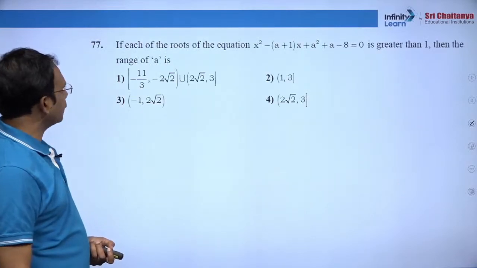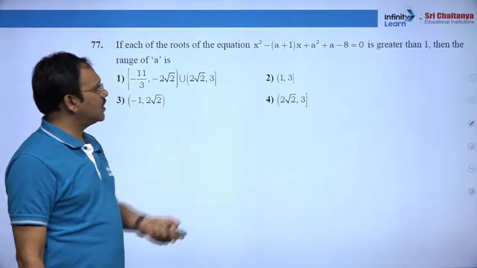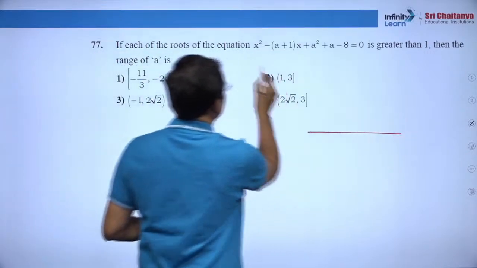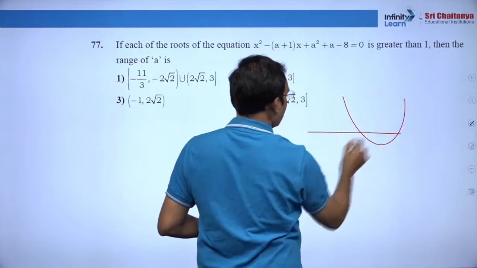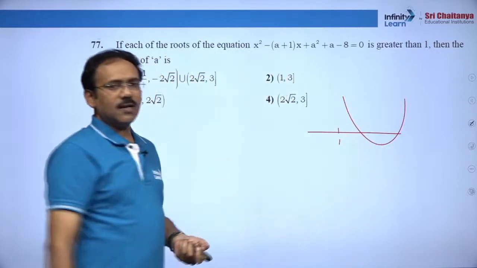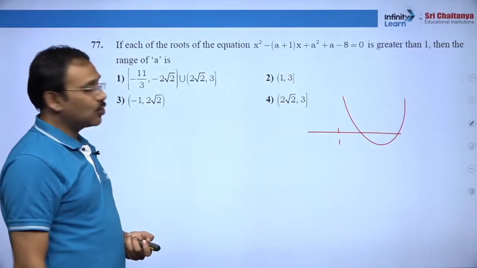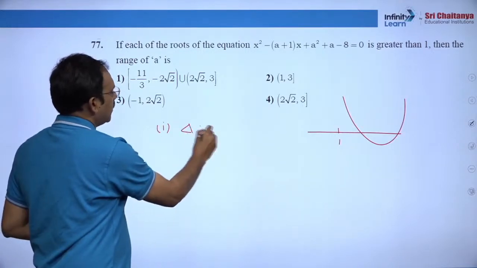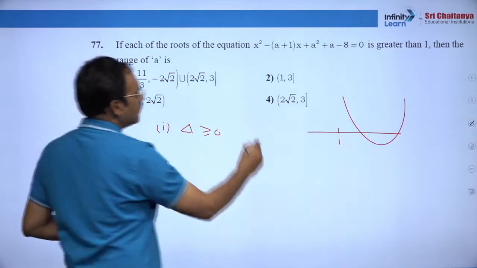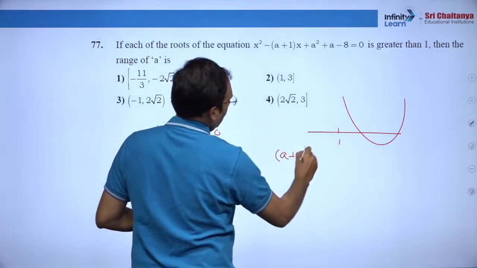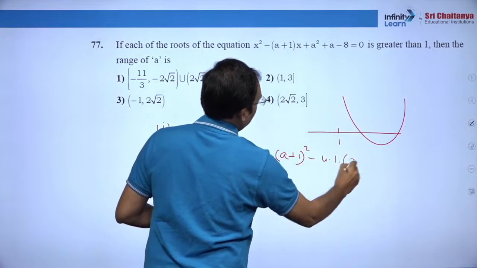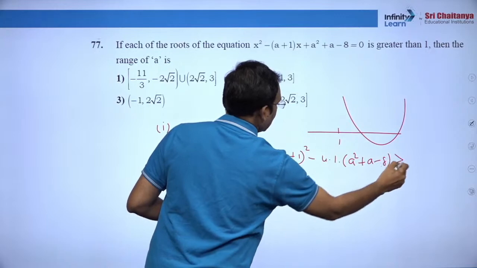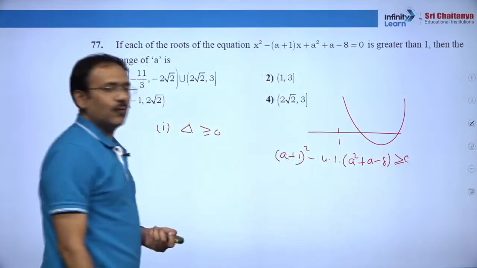Next, dear friends, each of the roots of this equation is greater than 1, a location of roots problem. For this, since the x² coefficient is positive, it is an upward parabola, and both the roots must be greater than 1. Here the conditions to be applied: condition 1 is delta must be greater than or equal to 0, that is b² minus 4ac, a² plus a minus 8 must be greater than or equal to 0, one condition.